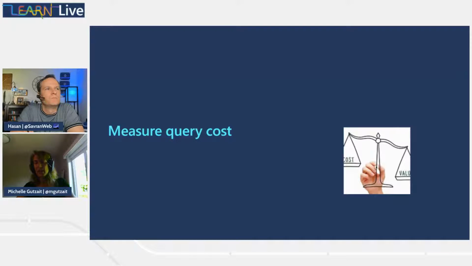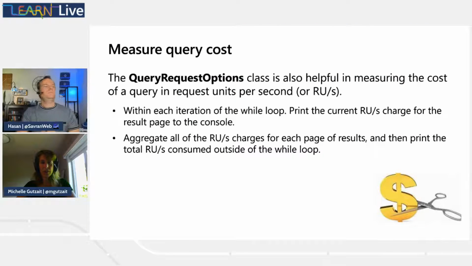We saw the index measurement, and now we're going to talk about the query cost. Another thing that we have in .NET is the query request options class that can help us review the cost of the queries in RUs, which is the request units per second in Cosmos DB.